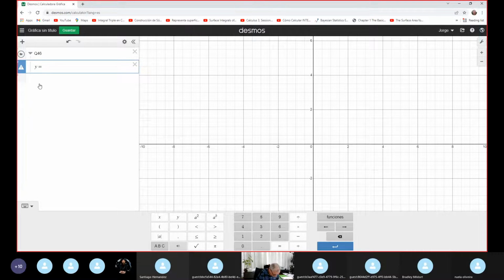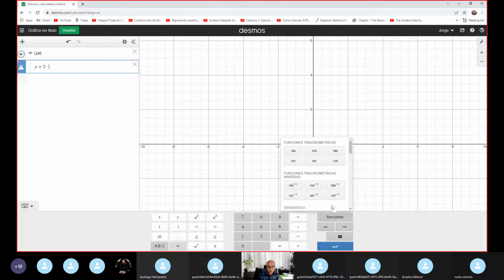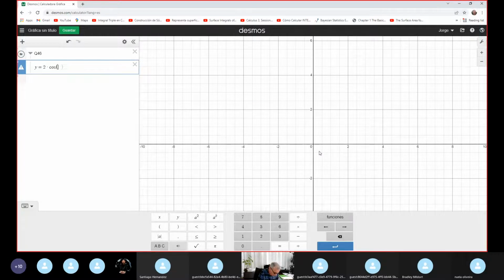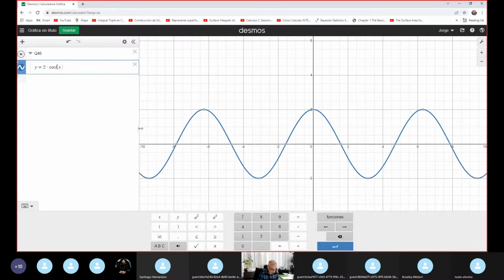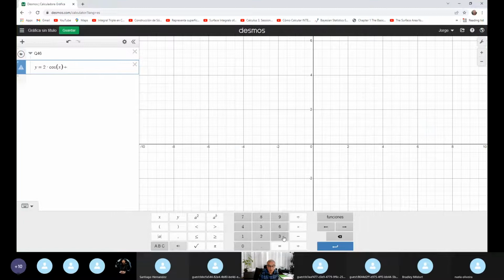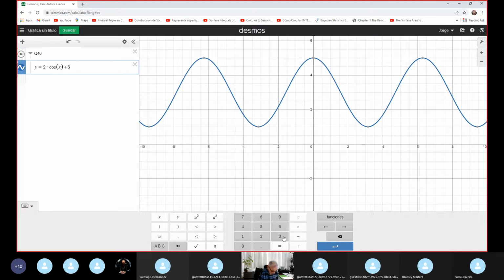And this is 2 multiplication. I like using the keyboard of Desmos. 2 multiplication, cosine and functions. Not theta; theta is not good. X, because this is the X, Y axis. Plus 3, outside the parentheses, of course, plus 3. This is my function.